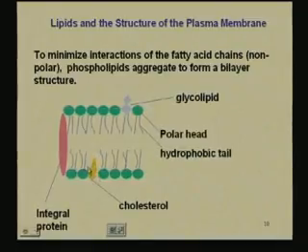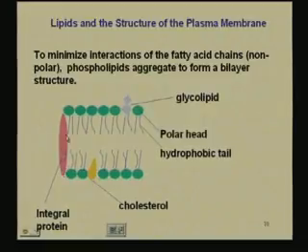In here we have cholesterol. Now, this cholesterol is there to impart some fluidity to the membrane, so that it is not rigid. Here we have a protein molecule.